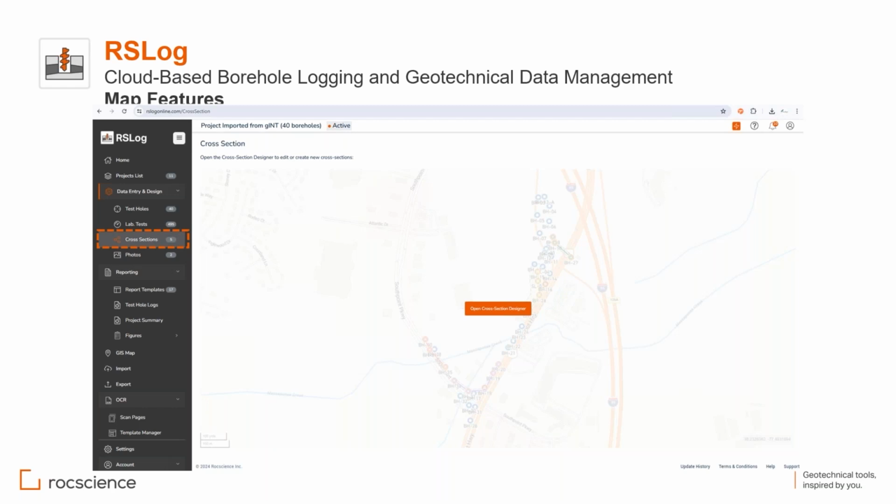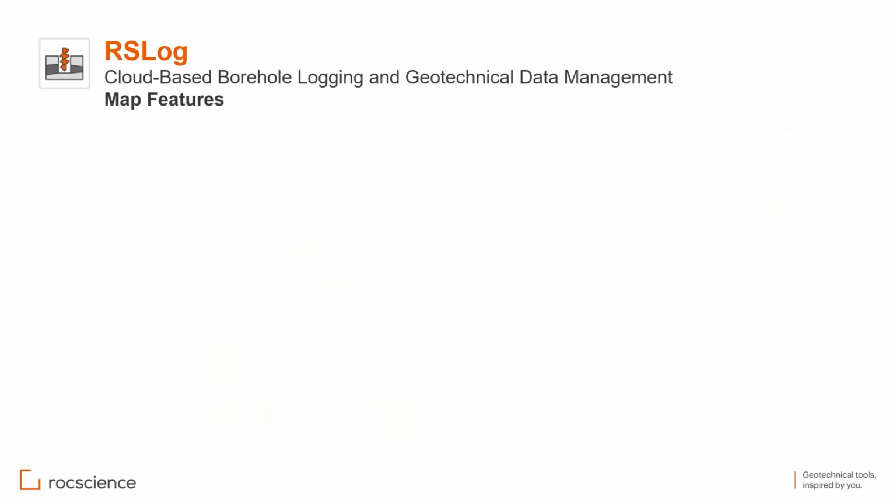So if you are an RSLog user, in order to use the cross-section design, you go from the left menu, you go to data entry and design, and you click on the cross-section menu here. And this takes you to this page. Click on open cross-section designer, and it's going to open the cross-section designer for you.